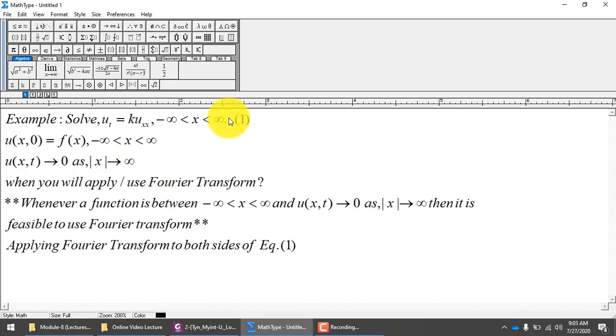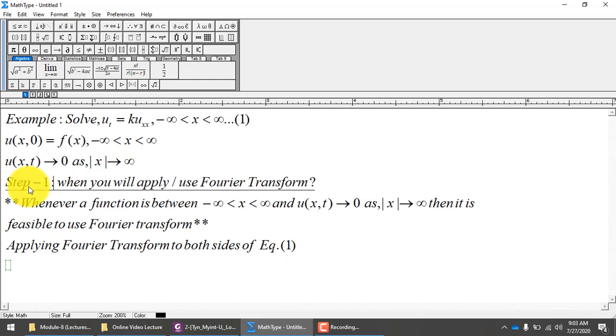Okay, so after applying the Fourier transform, this is the first step, that you should observe which transformation is suitable. So I have observed and explained to you which transformation is more suitable for you. I will also tell you when you should use the Fourier sine and or cosine transform. So this is the main step.